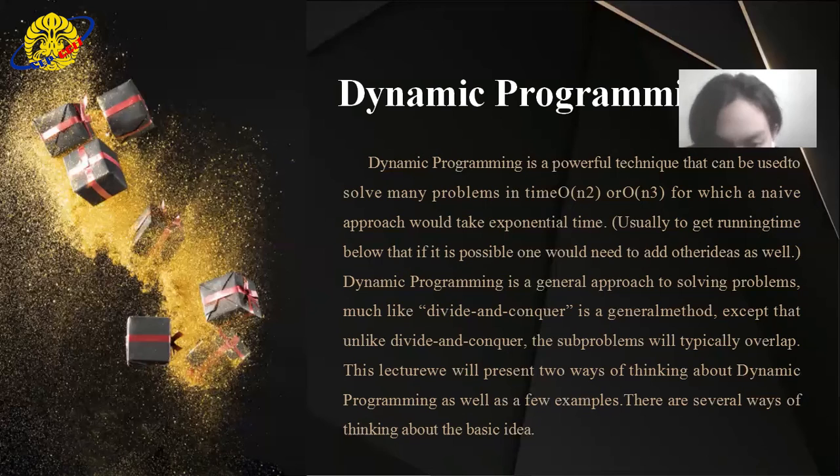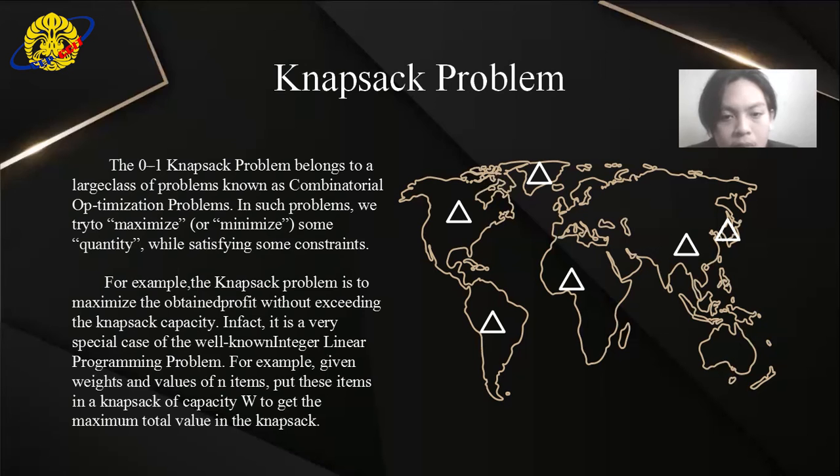This lecture covers the knapsack problem. The 0-1 knapsack problem belongs to a larger class of problems known as combinatorial optimization problems. In such problems, we try to maximize some quantity while satisfying some constraints. For example, the knapsack problem is to maximize the obtained profit without exceeding the knapsack capacity.